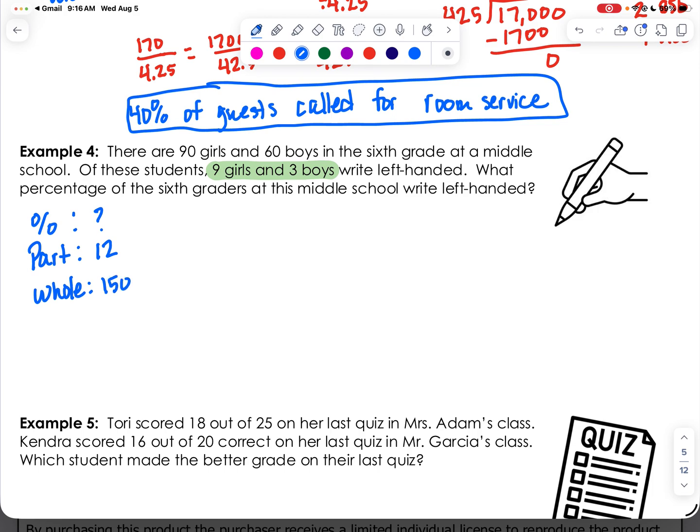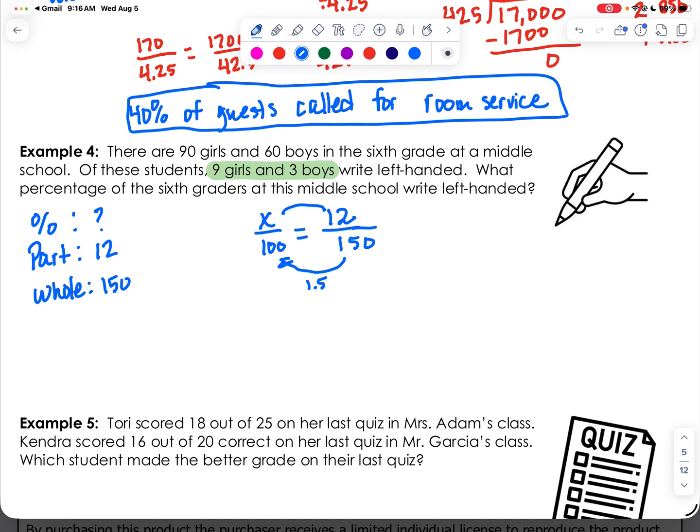So hopefully you did the first part of the problem correct. So then I'm going to say x over 100 equals 12 divided by, oh, I don't know why I wrote 1.50. I meant to write 12 divided by 150. Now here, I could easily determine that the scale factor, if I divide 150 by 1.5, I would get 100.